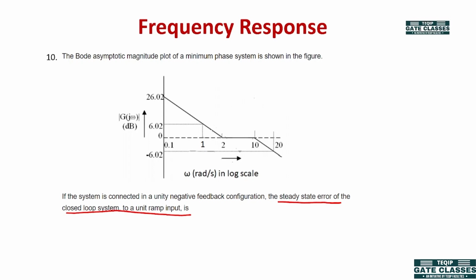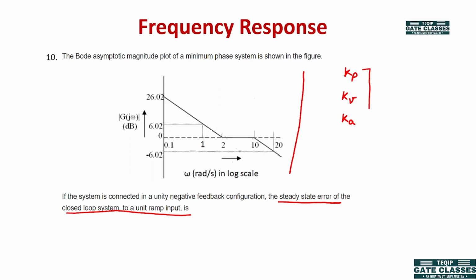So if you remember, you must have studied in time response analysis, we have three static error coefficients: positional static error coefficient, velocity static error coefficient, and acceleration static error coefficient.